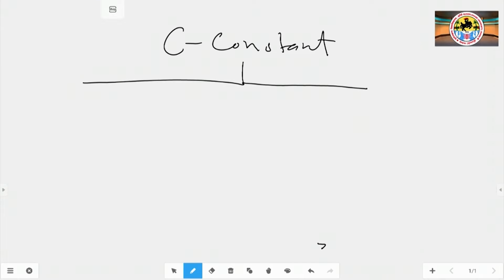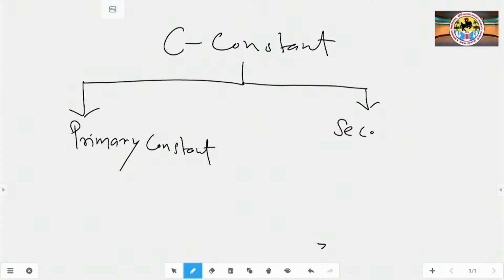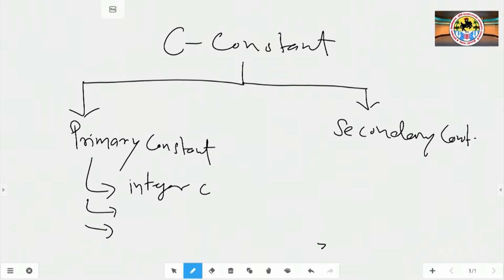Same in the C language, it is divided in two parts, primary constant and secondary constant. Primary constant we have further divided into three types: the integer constant, real constant, and the third one is the character constant.